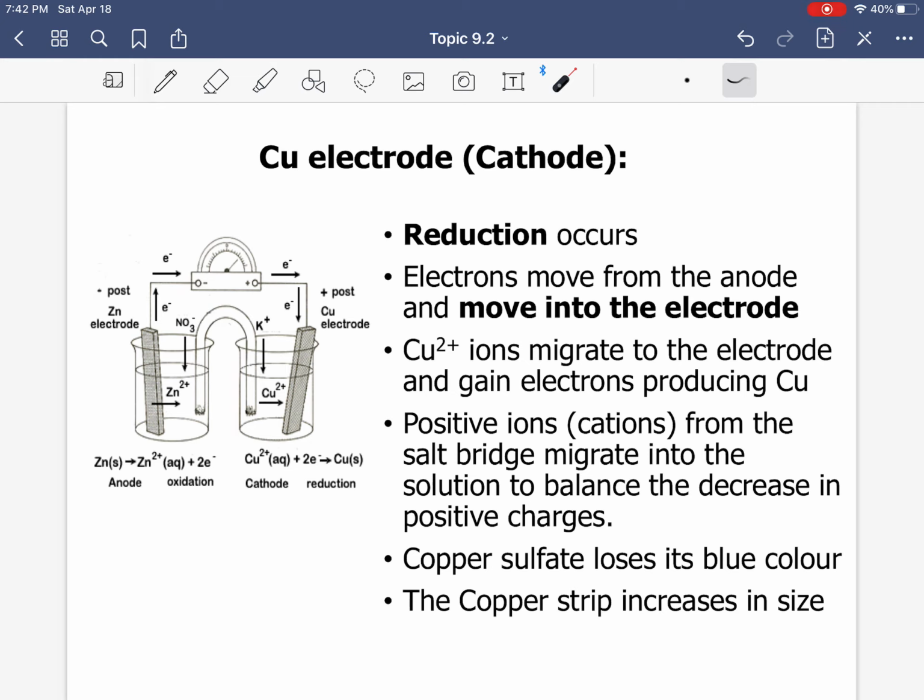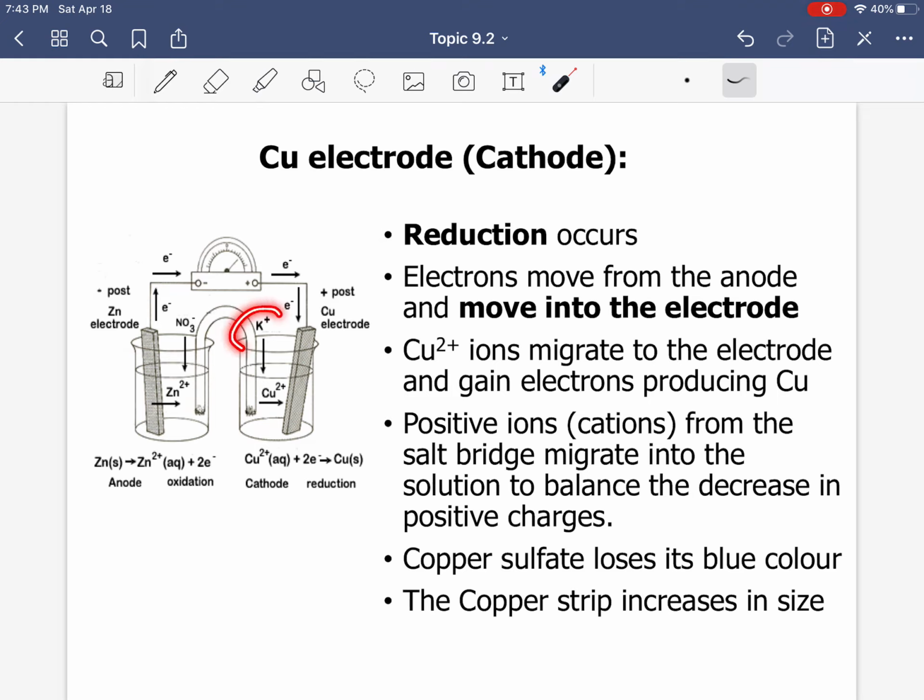Oh, one more thing. We mentioned the zinc getting smaller and smaller. We also mentioned the copper getting bigger and bigger. What about the copper sulfate solution? Copper sulfate solution is naturally green in color. And we know some of the copper went on to become copper metal.